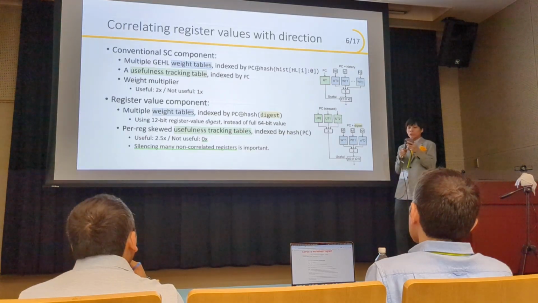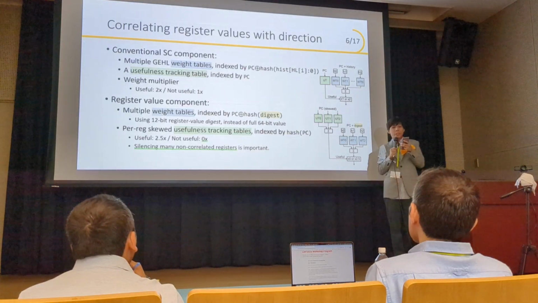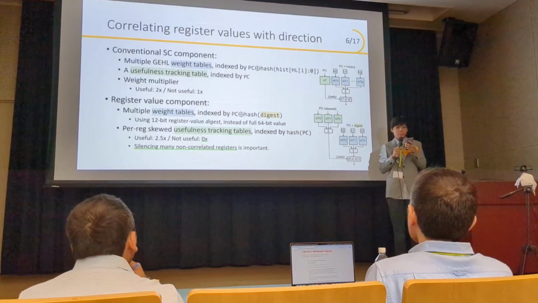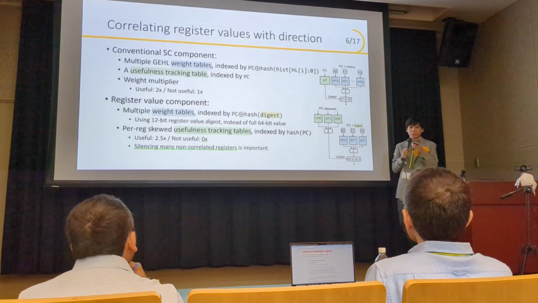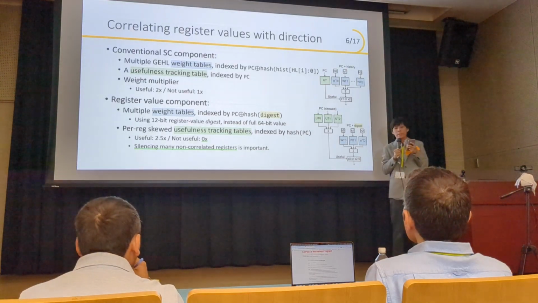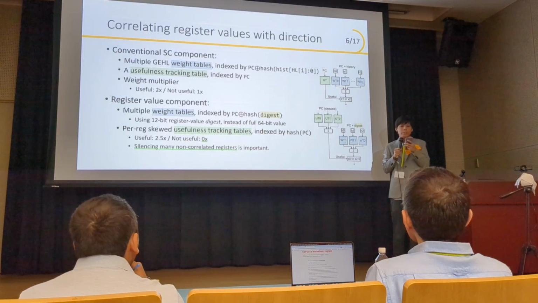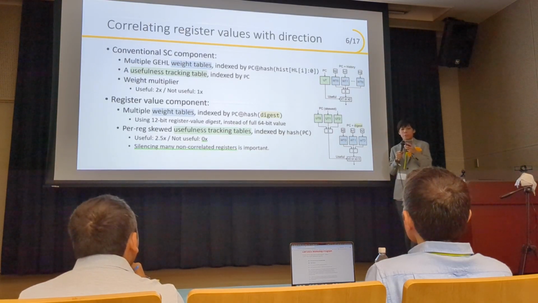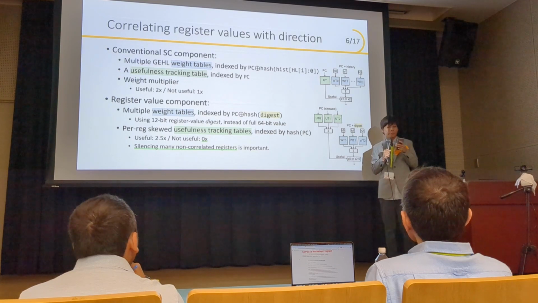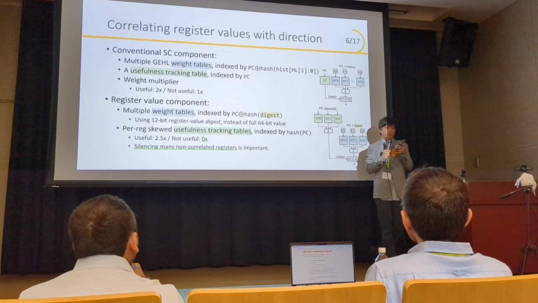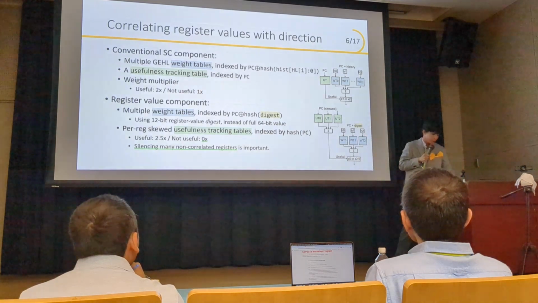If it is useful, its contribution is multiplied by 2.5. If not, it is multiplied by 0. It is silenced. This gating prevents noise from more than 50 registers that have no correlation with the branch.